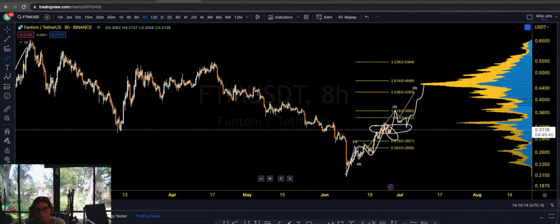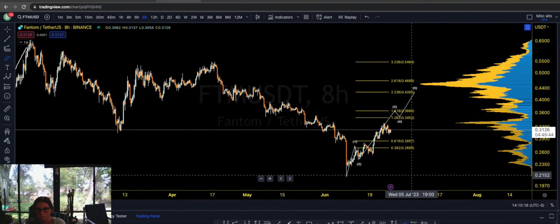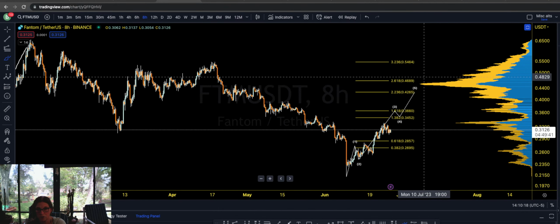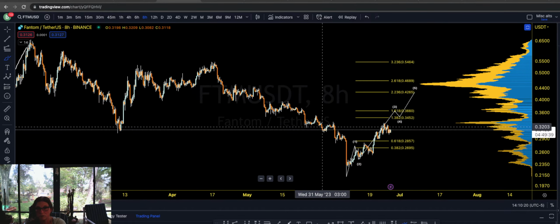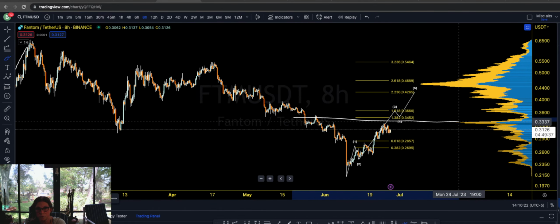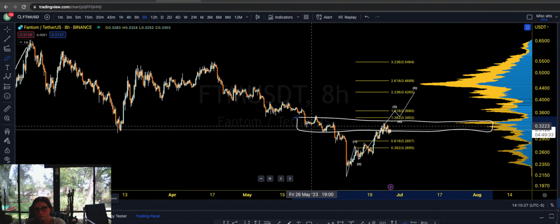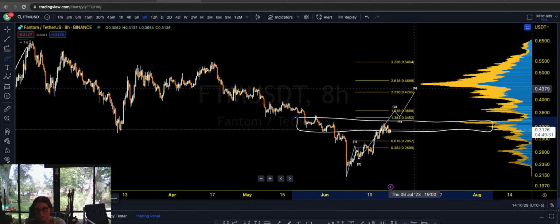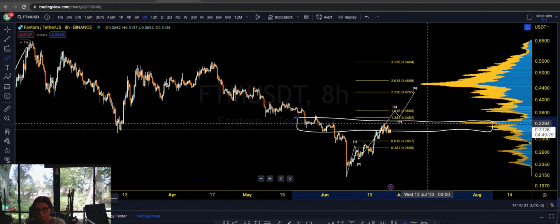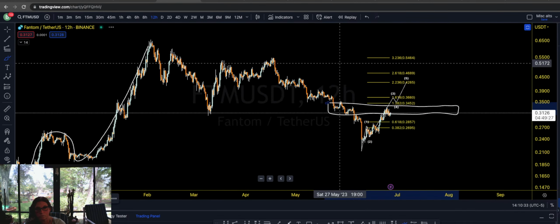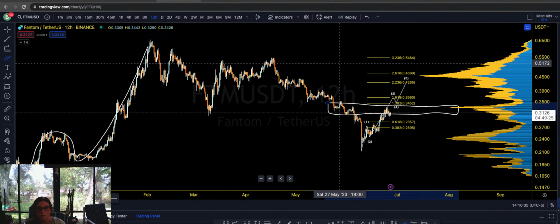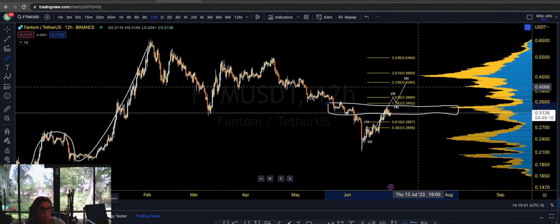So it really needs to finish that 5 waves. It needs to keep going, finish it, and then if it does, you want this area flipped to support. It needs to push through it, flip it to support. I mean, it does have a chance of doing it.